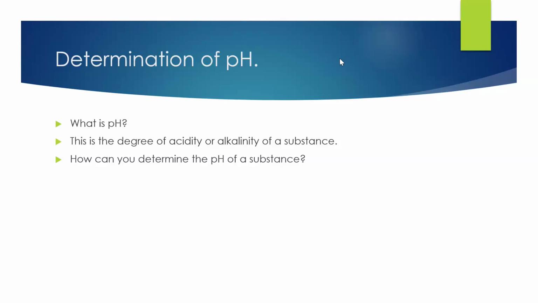I think one can determine the pH of a substance by using an indicator. Okay, thank you. That is good. Any other contributions? Three, using a pH meter, very good.